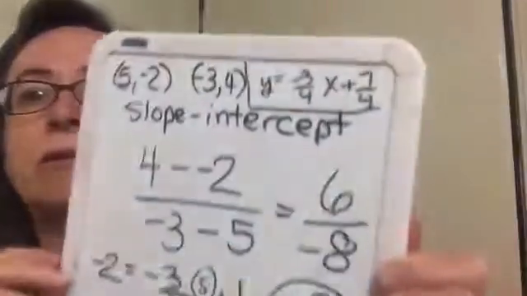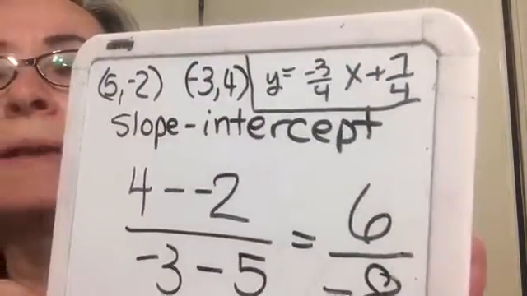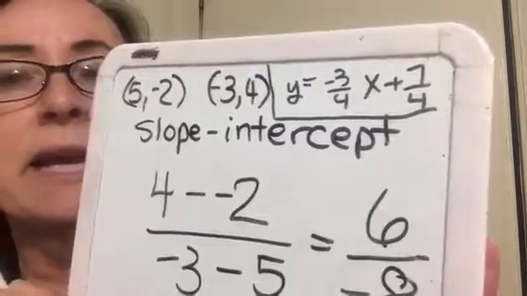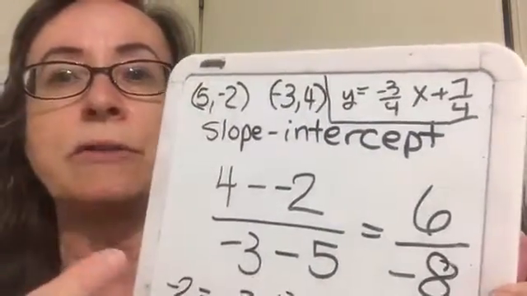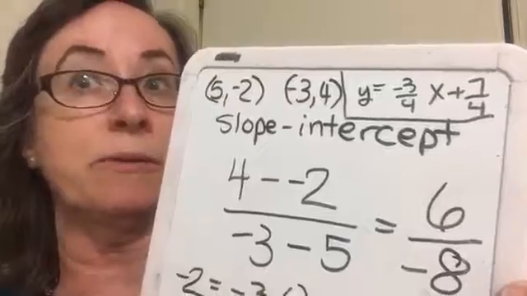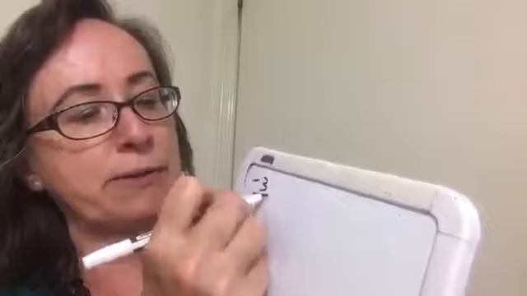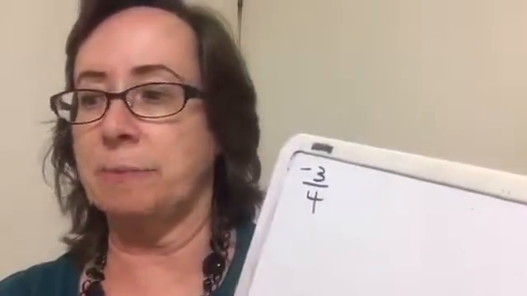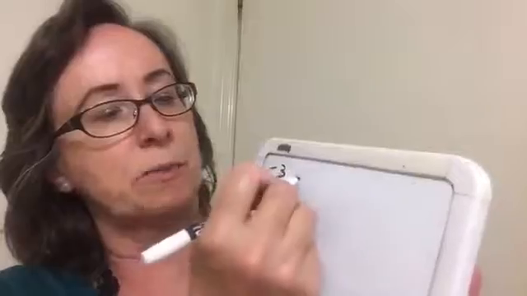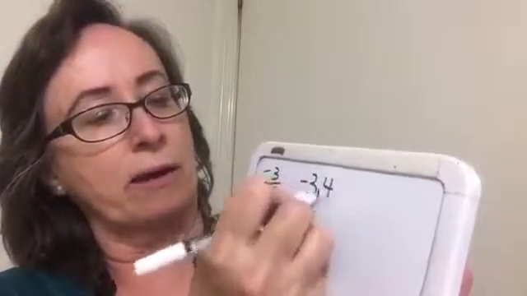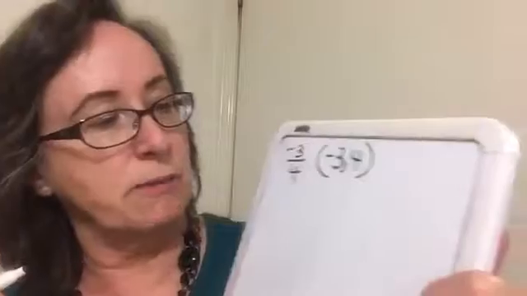Okay, so up there in the little corner is the equation of the line as we found it. So now I'm going to use the same equation, but I'm going to do it with the other point just to show you that we're going to wind up with the same thing. All right, so we'll do it on this board here. We had the slope was -3/4, and now I'm going to use the other point, -3, 4, the other point that was given to us.